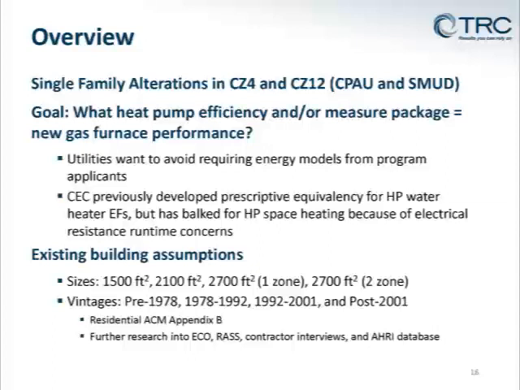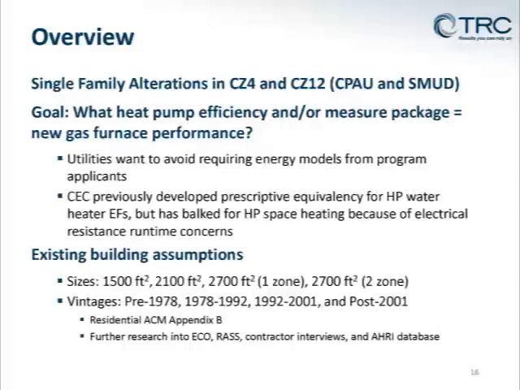So the utilities want to reduce that entry barrier. At the same time, the California Energy Commission is saying, well, you need to do the analysis ahead of time to show what combination of capacities and efficiencies are going to be meeting that TDV budget. We're doing that analysis, long story short.